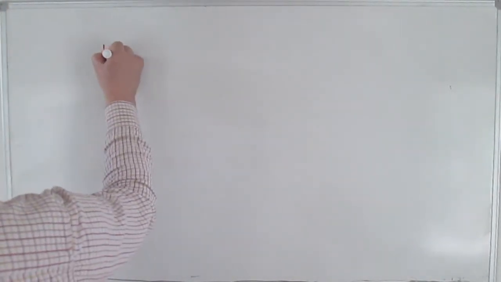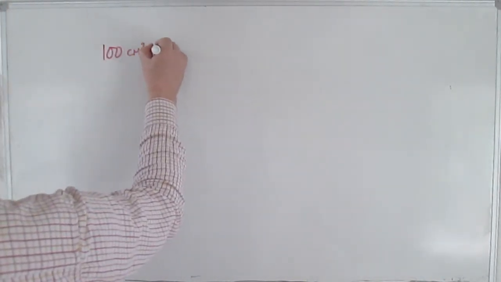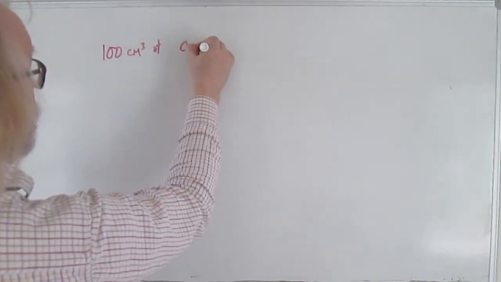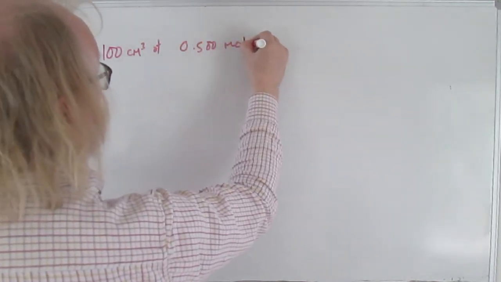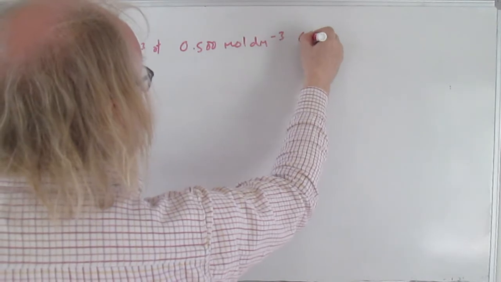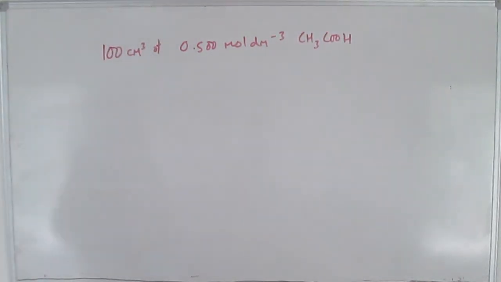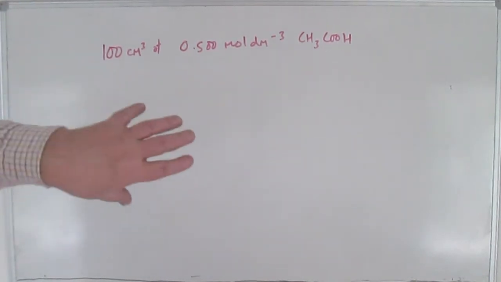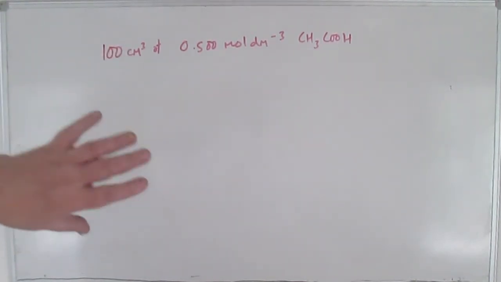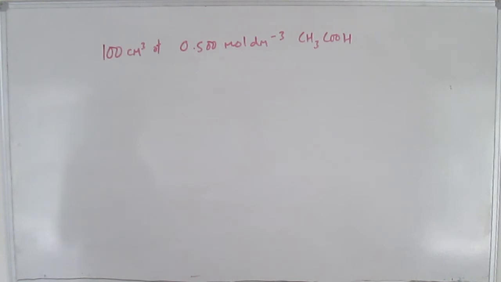So let's use ethanoic acid again and look at an example of that. So suppose we have 100 cm cubed of 0.5 moles per dm cubed ethanoic acid. Okay, that's our starting point. Now that's not going to be a very good buffer because it hasn't got very much ethanoate, hasn't got very much conjugate base in the solution to mop up added acid.